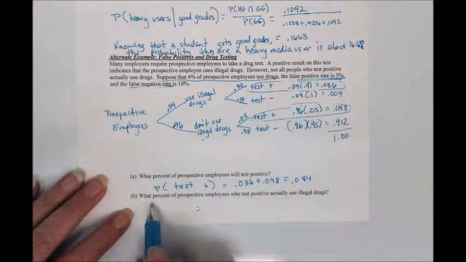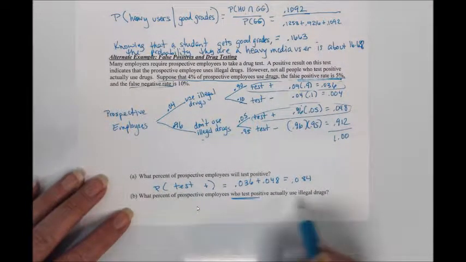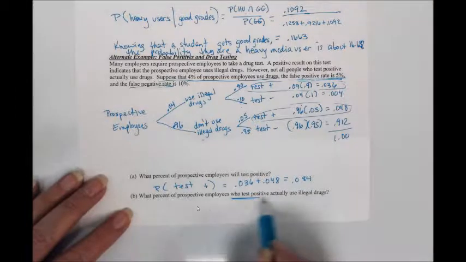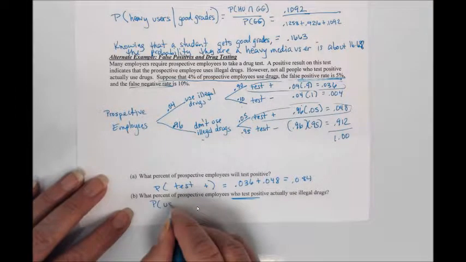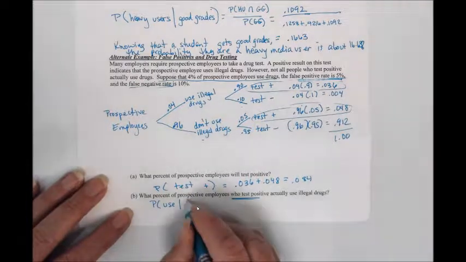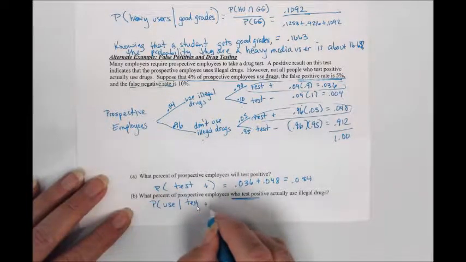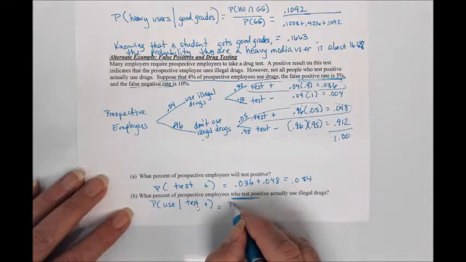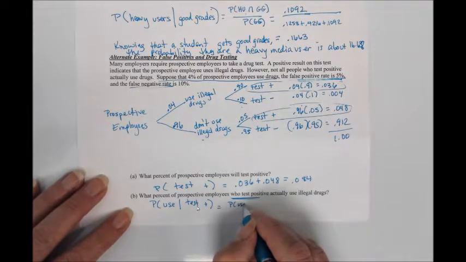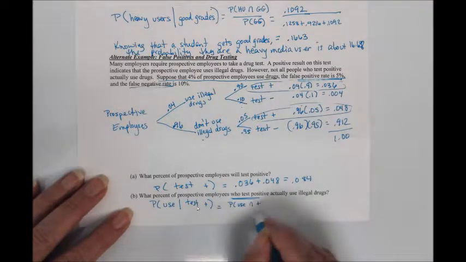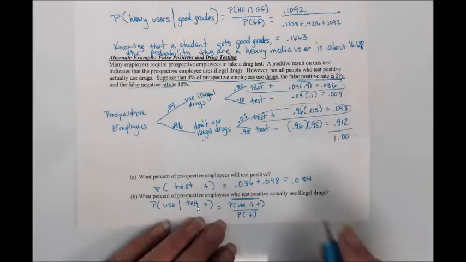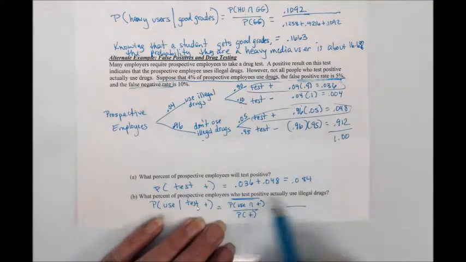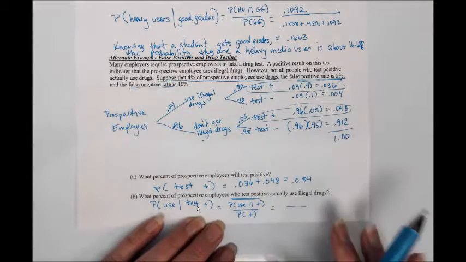What percent who test positive actually use drugs? So I know that they tested positive. This is the probability that they use given they tested positive. So again, that's the probability of use and test positive over the probability of testing positive. We already got our denominator in the previous question.